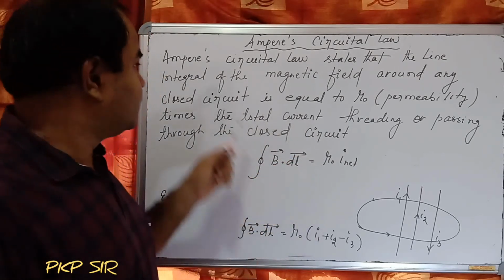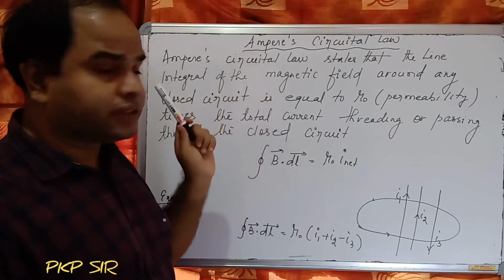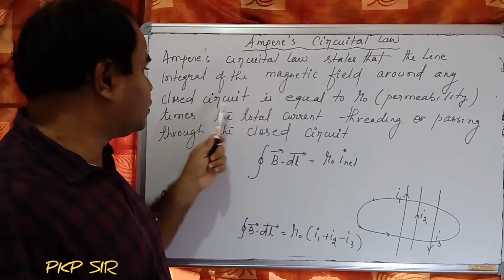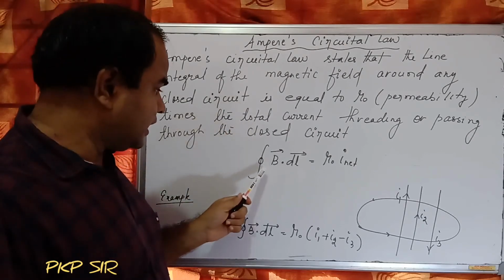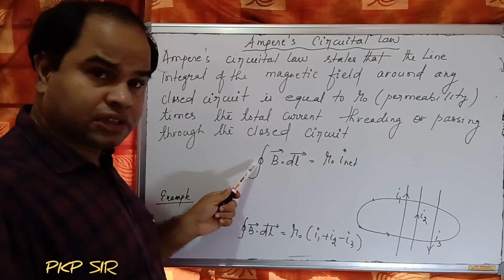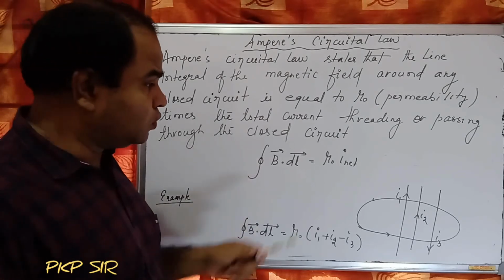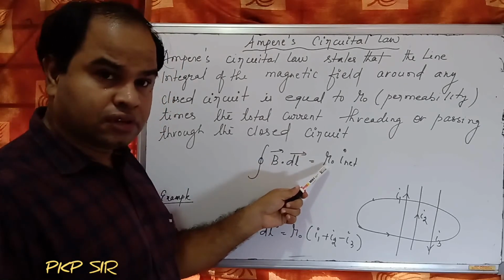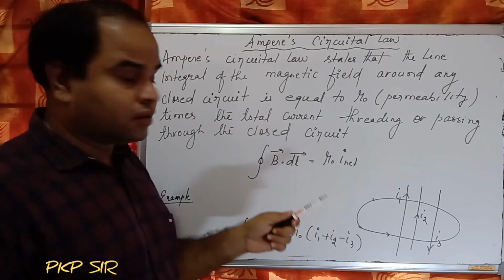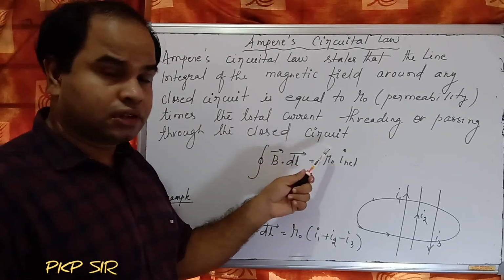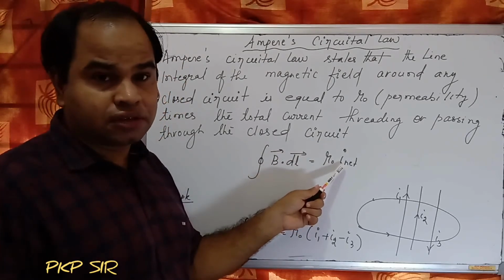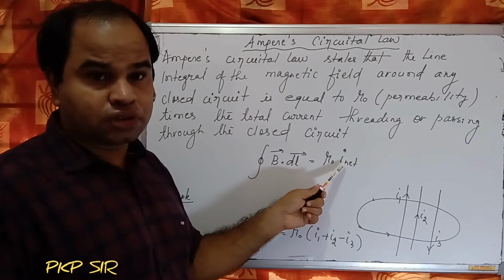Mu naught times I net. I net means the total current that is flowing through the closed circuit.